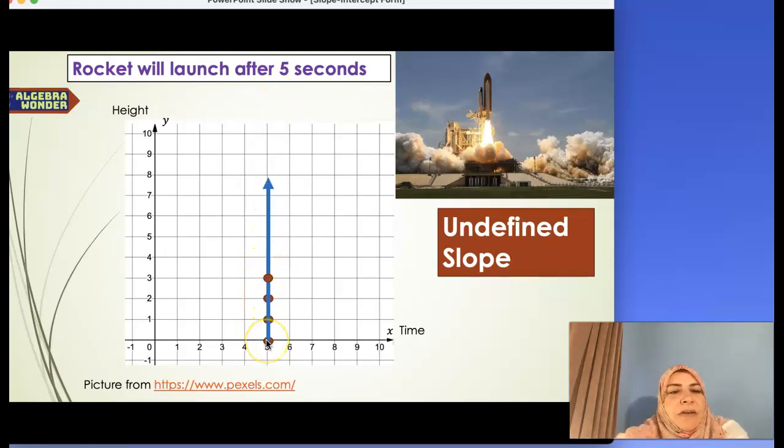So in this scenario at 5 seconds, look at this, the height is increasing, but I'm still at 5 seconds. So x is 5. Usually undefined slope is like the rocket, a vertical line, and x equals a constant. So you can remember that with undefined slope, there is no y anymore, it's x equal to a constant number. It doesn't matter the value of y, x will be the same all the time. So again, undefined slope is a vertical line, and in this scenario, x equals a constant number.